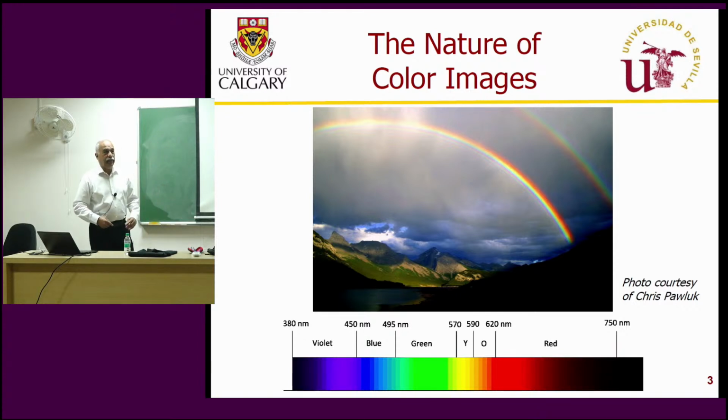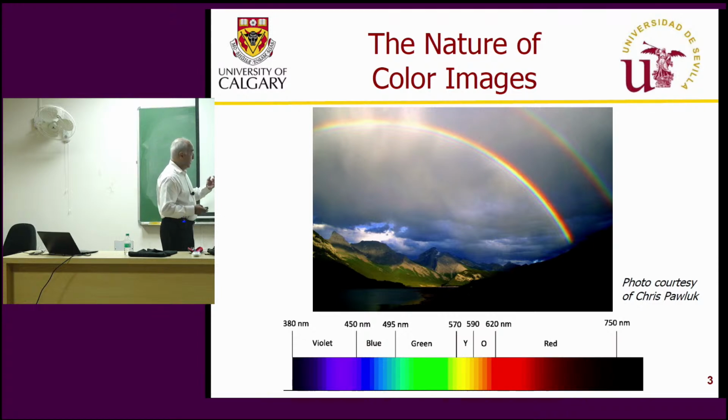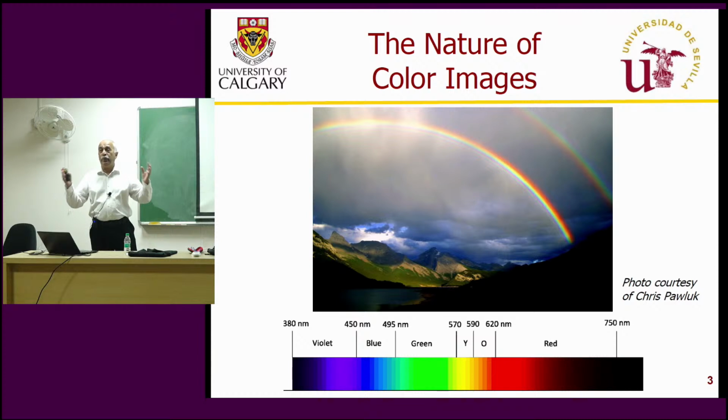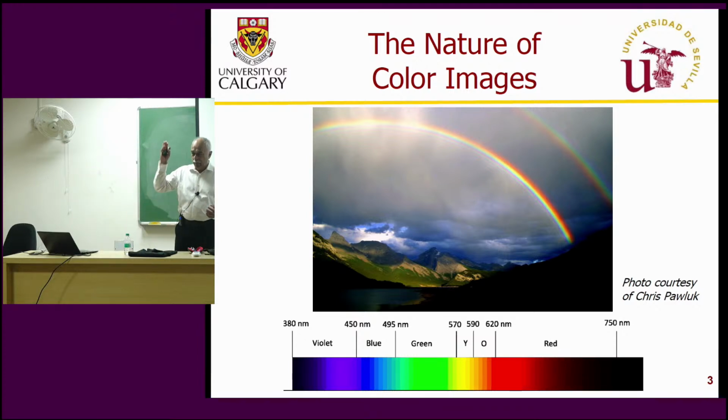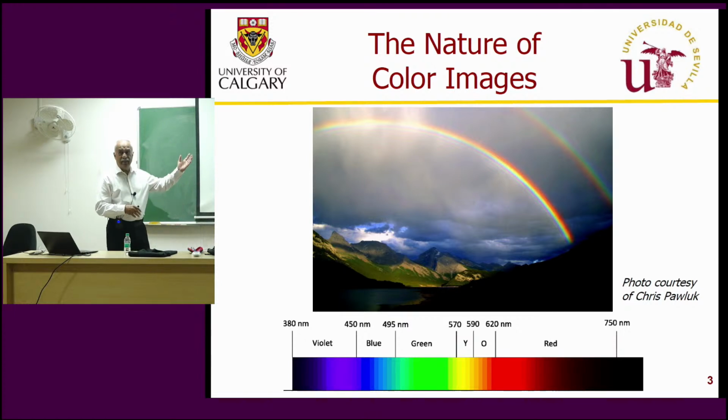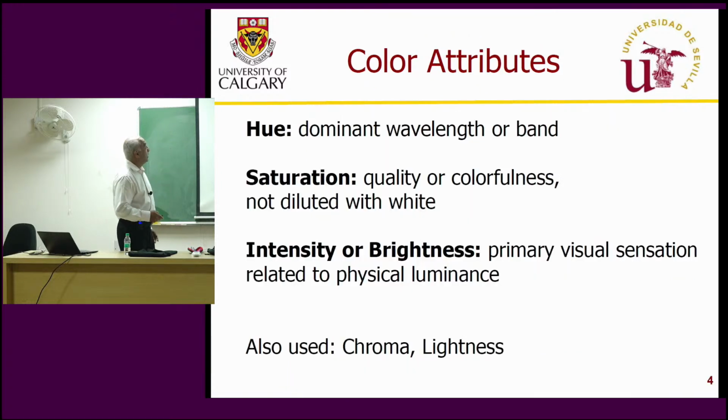So it depends upon the biological system, and there could be some variations between people in the sensitivity and reception of this range. But it's a very narrow range compared to the total range, going from low frequency radio waves to very high frequency, going beyond ultraviolet into cosmic rays. We're not sensitive to those.